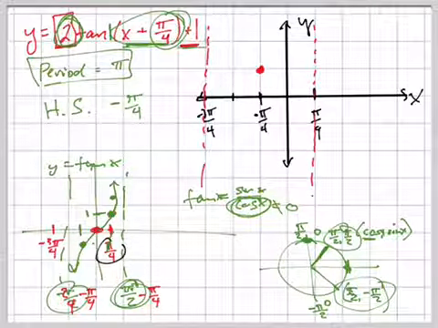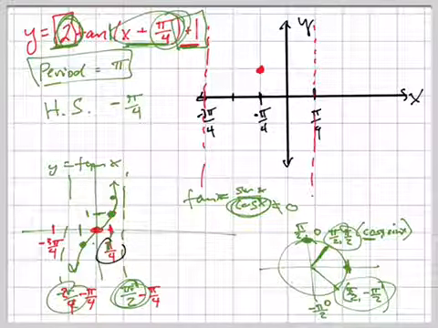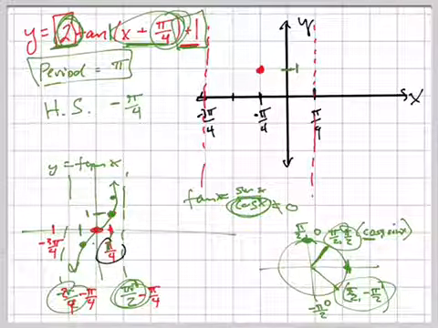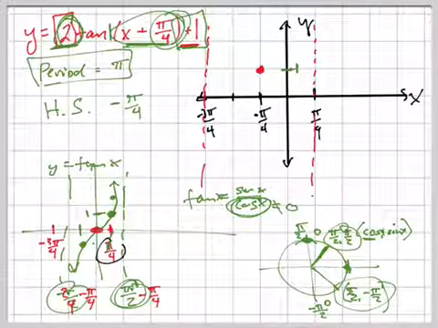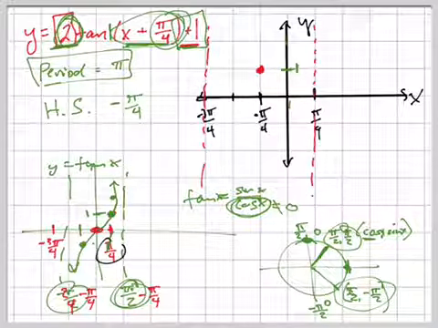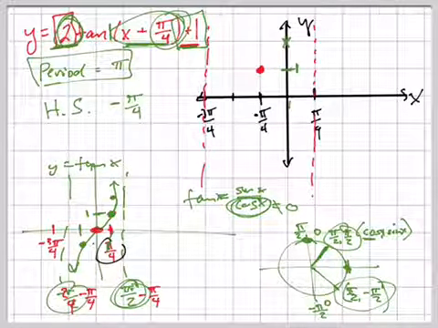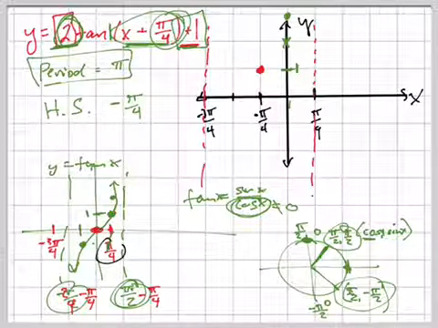So this 1 moved it up 1, and this 2, instead of going over 1, up 1, to right here, I would go over 1 and up 2. So that point would be right there. Let me change that to red.